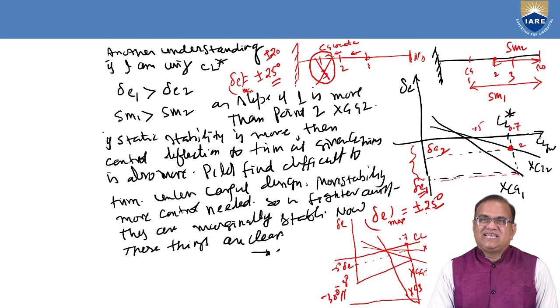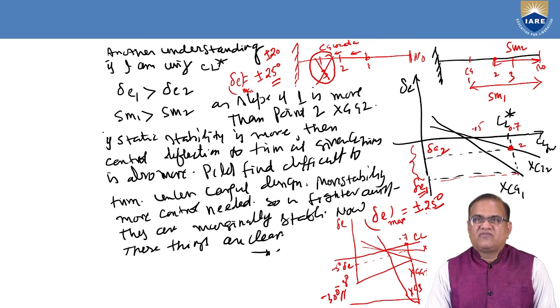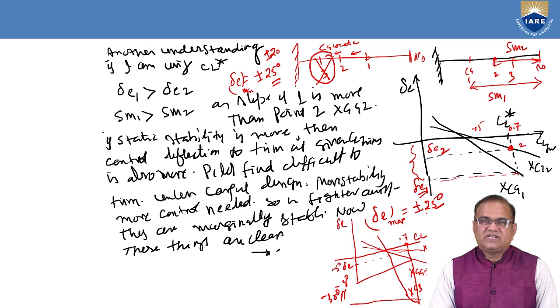One is CL delta E, the variation of the force coefficient or the lift coefficient with variation of elevator deflection. And another topic I have seen is how the control power derivative is affecting and how we have derived the two equations.